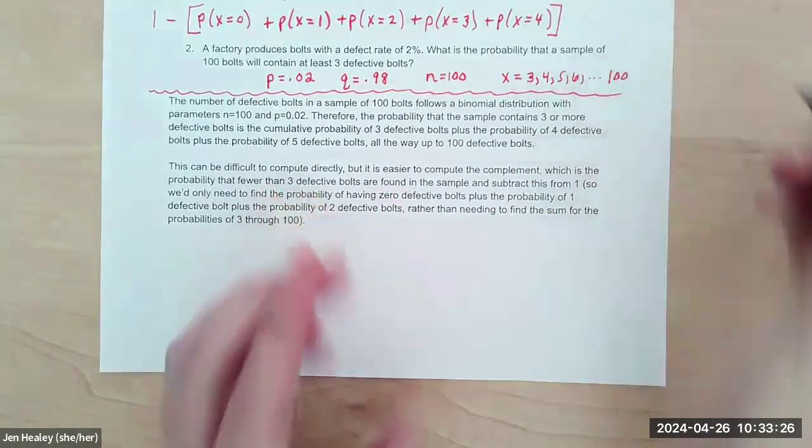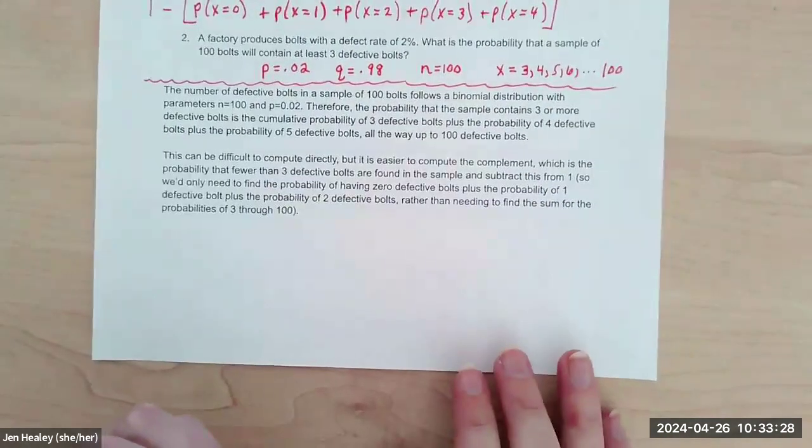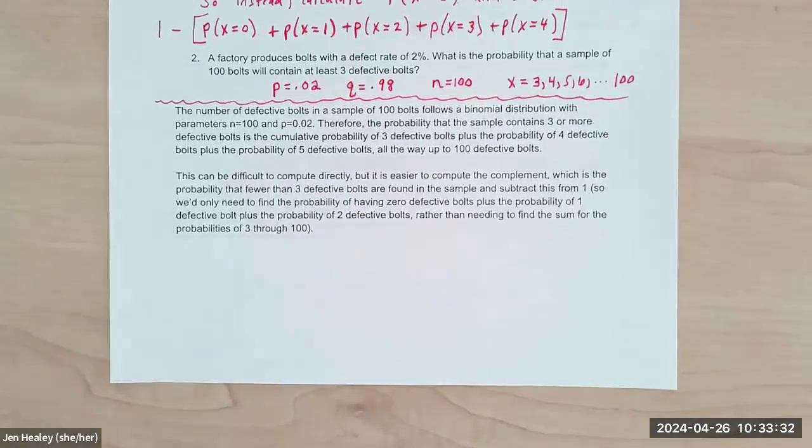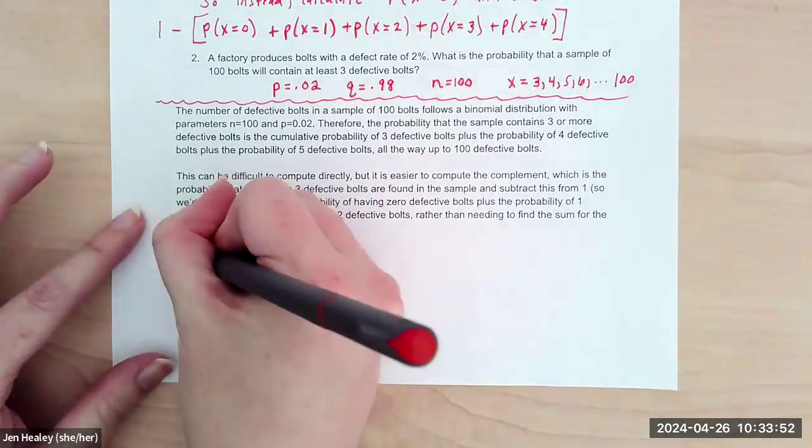Up to all 100 of them. They're asking, what is the probability that there's at least 3 defective bolts? So there could be 3 or 4 or 5 or 6 or 99 or 100 defective bolts. So again, I don't want to answer that question. I want to answer the probability that there are fewer than 3 defective bolts. So it's easier.